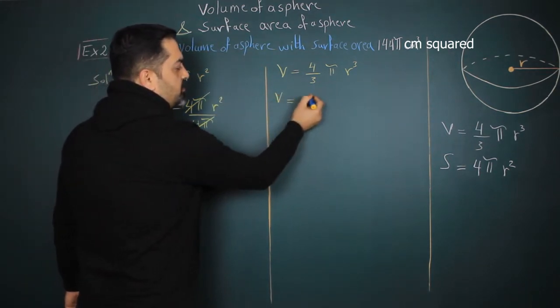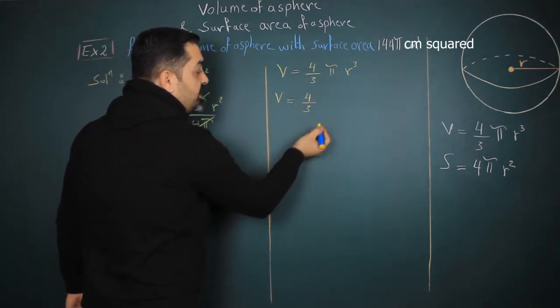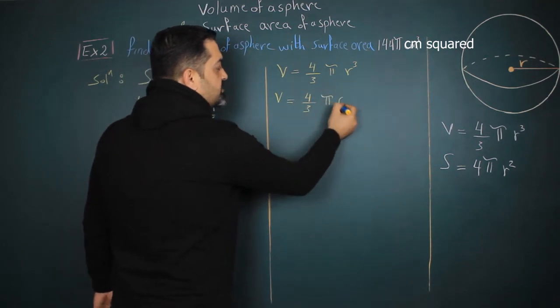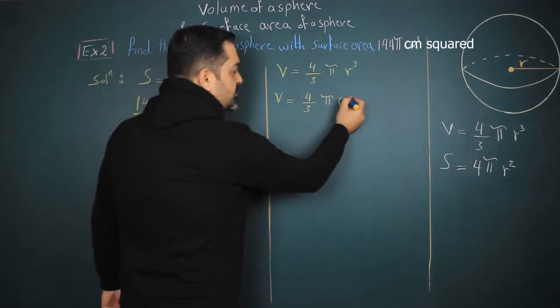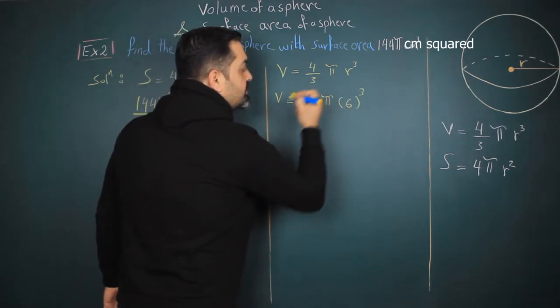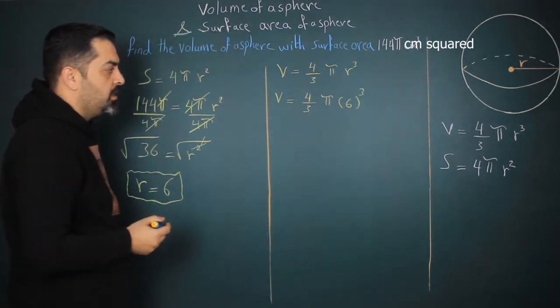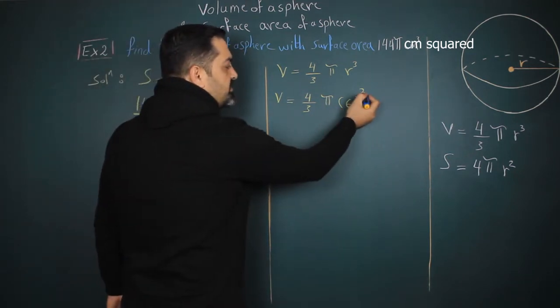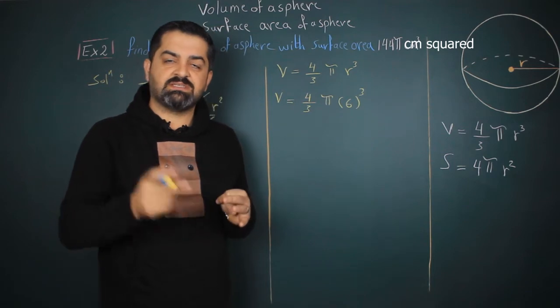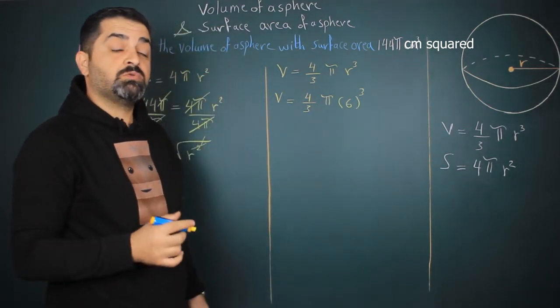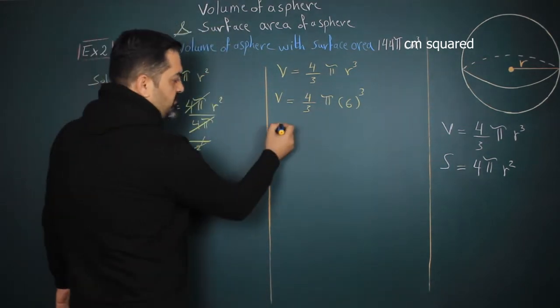So V is equal to 4 over 3 times pi times 6 to the power of 3. What does 6 to the power of 3 mean? It means 6 times 6 times 6, which is equal to 216.